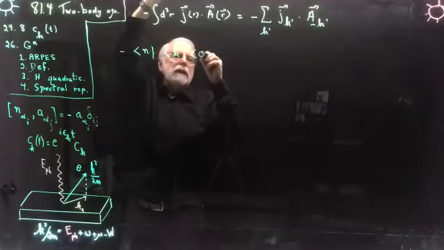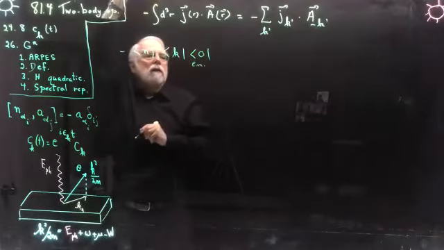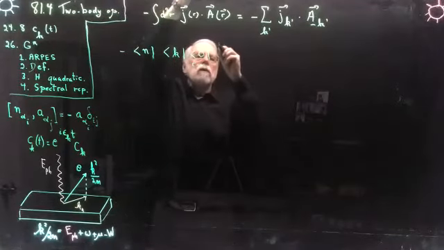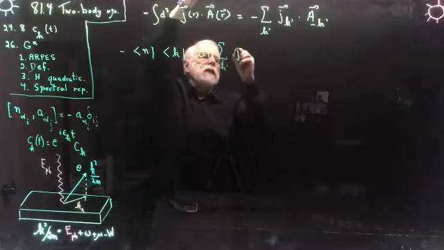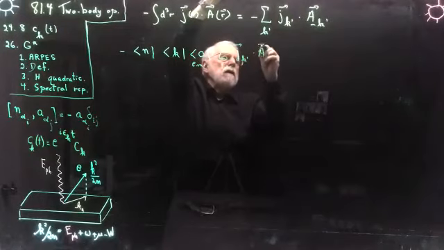So this is the vacuum of the electromagnetic field. And then I have this thing here. So sum over k prime of j of k prime dot a of minus k prime.